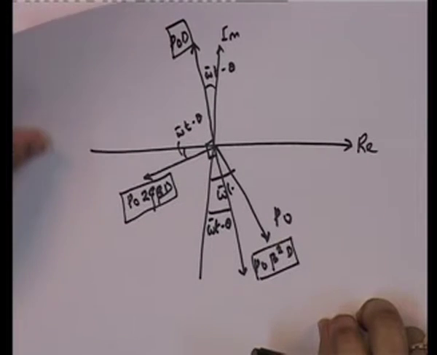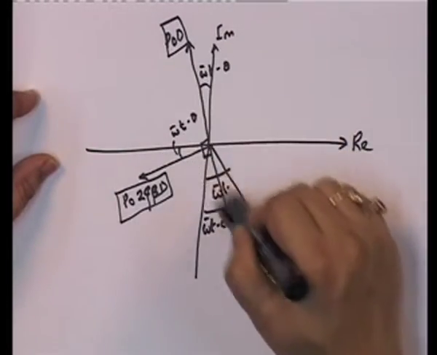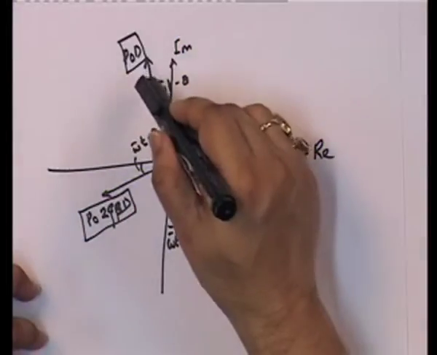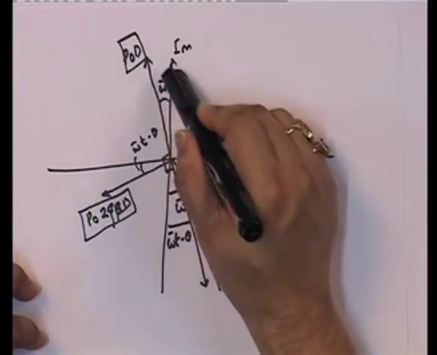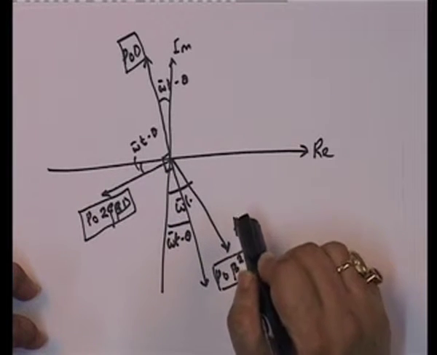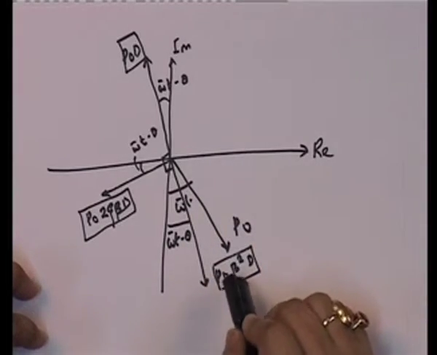So, this was the diagram, and then we went back for me to show you that these three indeed balance out P naught vectorially. Now, vectorially it is very difficult. So, what I did was we looked at just the real part, and therefore, what we saw was that this sine omega t plus this cosine omega t is equal to P naught sine omega bar t plus P naught.